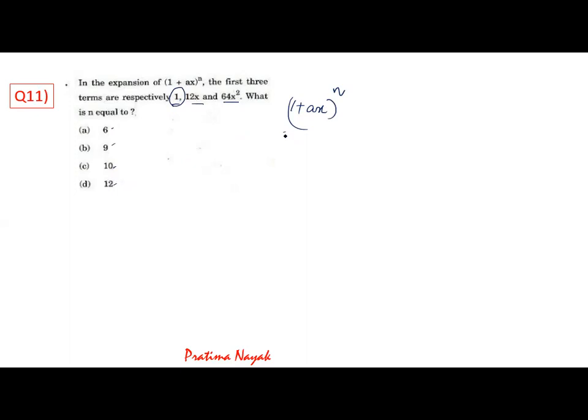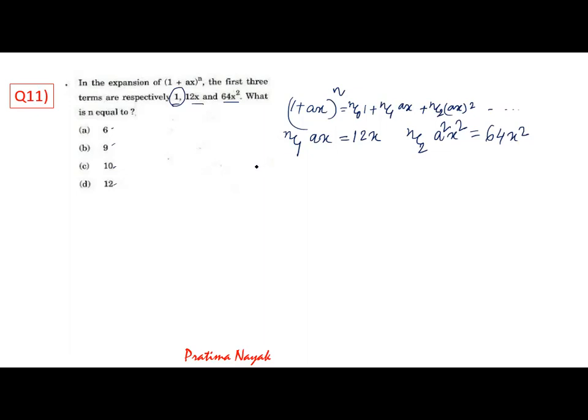The second term will be NC1 ax, which is equal to 12x. And the third term is NC2 a square x square. This will be your 64x square. Let me write once. It will be NC0 1, NC1 ax to the power 1, NC2 ax to the power 2, and so on.